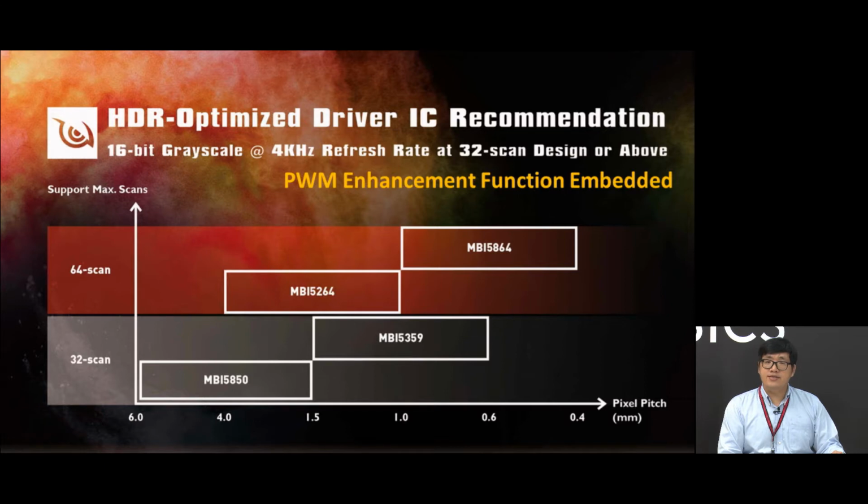For less than 32 scans, MBI 5850 and 5359 are recommended for pixel pitch range from 6 mm to 0.6 mm. For over 32 scans, the MBI 5264 and MBI 5864 are recommended for pixel pitch range from 4 mm and down to 0.4 mm.